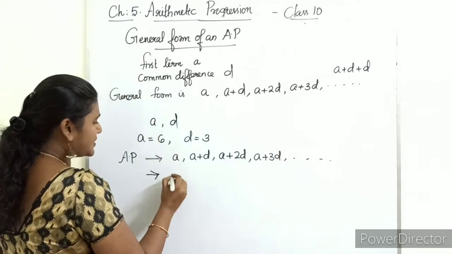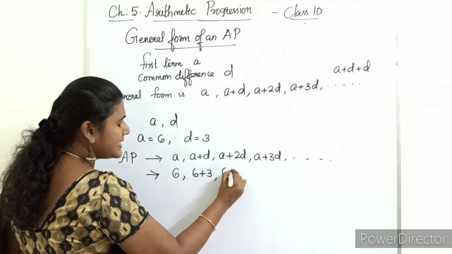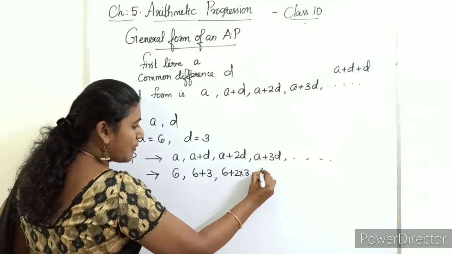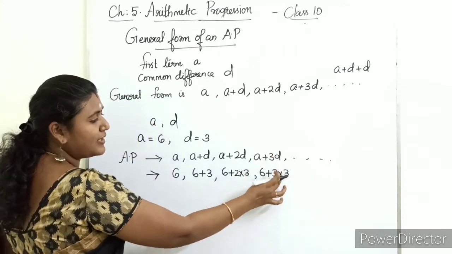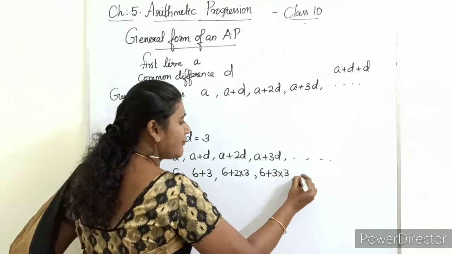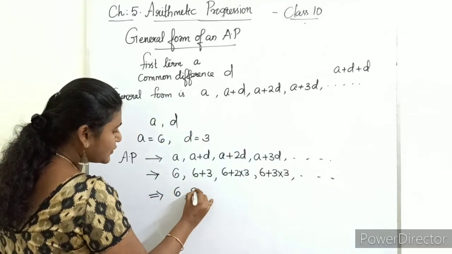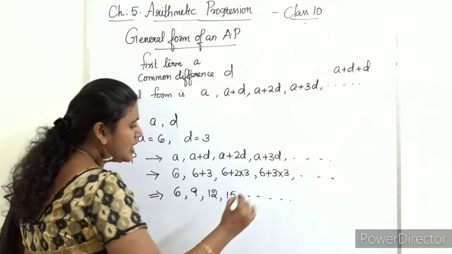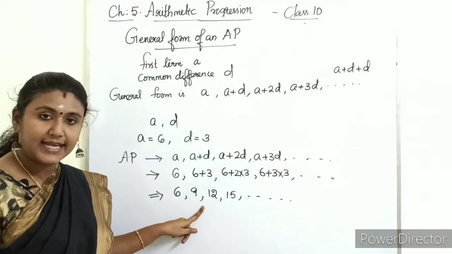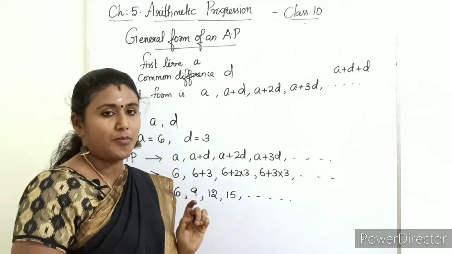So here we will substitute 6, 6 plus 3, 6 plus 2 into 3, 6 plus 3 into 3. So we are substituting the values of A and D in the general form. Therefore the AP is 6, 9, 12, 15, etc. So if you want to write an AP, you need to know the first term and the common difference.